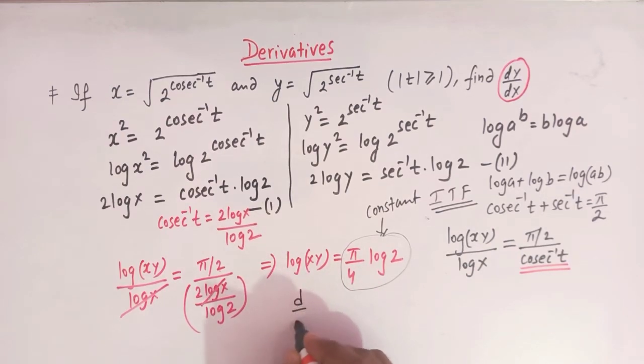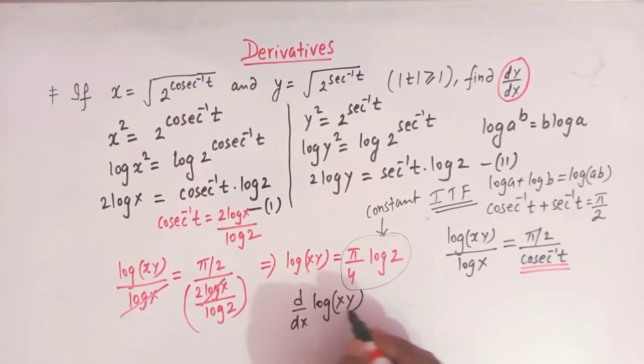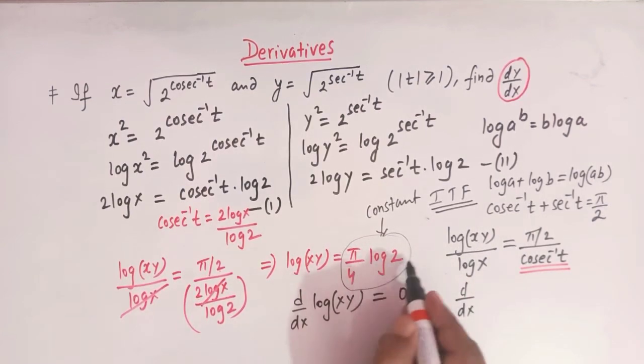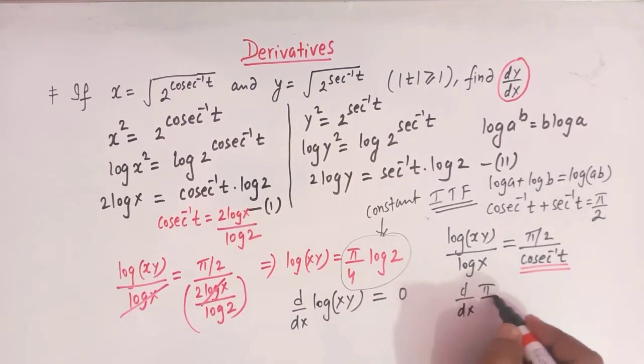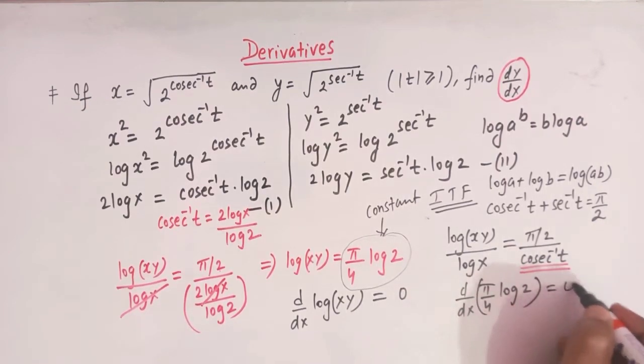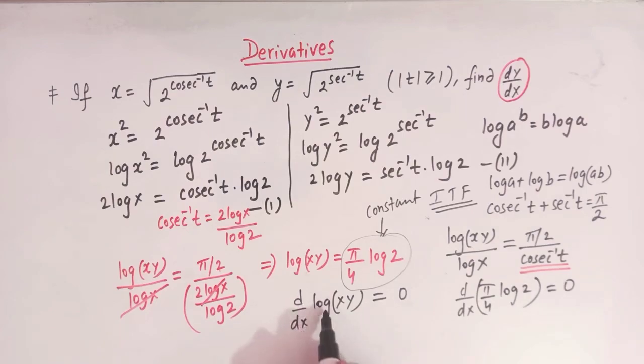So d by dx of log of xy is equal to 0, right? Because the derivative of this term, which is a constant, is 0, right? So now we have d by dx of log of xy is equal to 0.